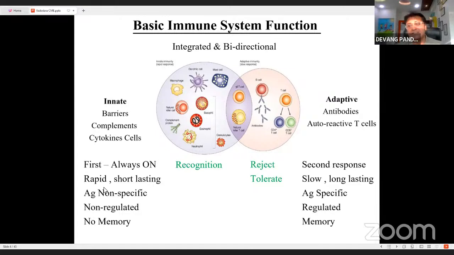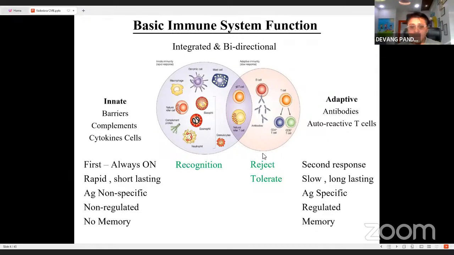Whatever the threat, whether self or non-self, it gives alarm signals. It is not regulated and has no memory. It just recognizes and passes signals to the adaptive immune system, which is basically antibodies and autoreactive T cells.